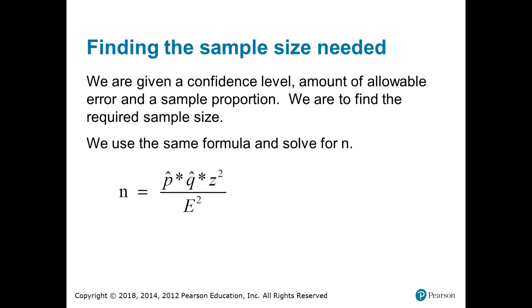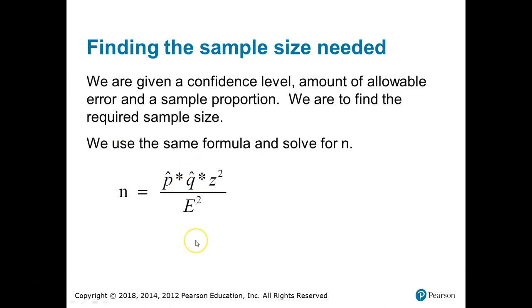Finally, we may want to find out the sample size needed. So we are given the confidence level, amount of allowable error, and a sample proportion, and we want to find the required sample size. How many people do we need to interview, survey, in order to be able to have that given confidence level, error, and sample proportion?